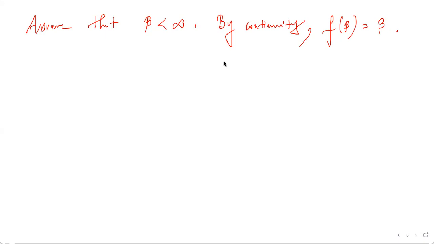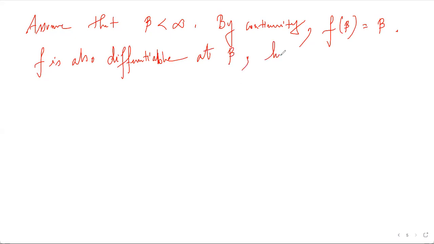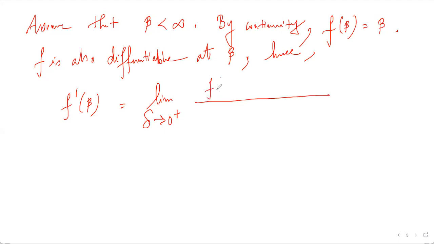Okay, so now f is also differentiable at beta, and hence we have f dash beta to be the limit as delta tends to 0 plus of f of beta minus delta minus f of beta, divided by minus delta.